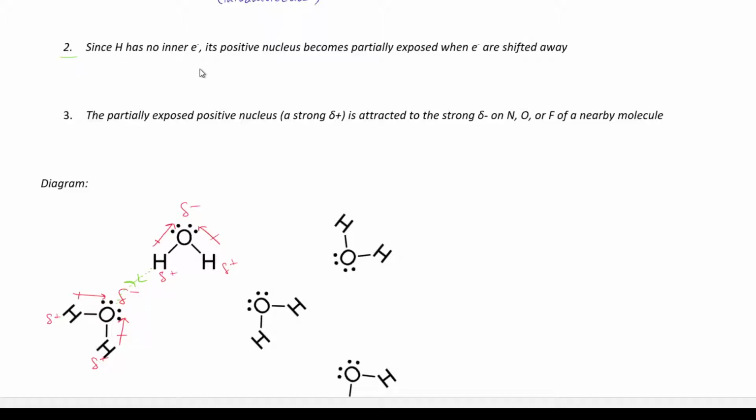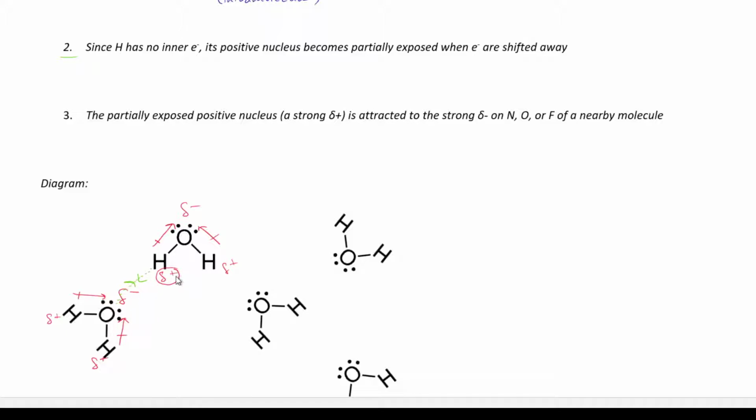Since hydrogen has no inner electrons, once these electrons are pulled away from hydrogen, its nucleus is partially exposed, right? Its proton is partially exposed, which creates a very strong delta positive. So this delta positive here on the hydrogen is extremely strong because the electrons have been pulled away from it towards the oxygen quite strongly, enough to expose this nucleus.